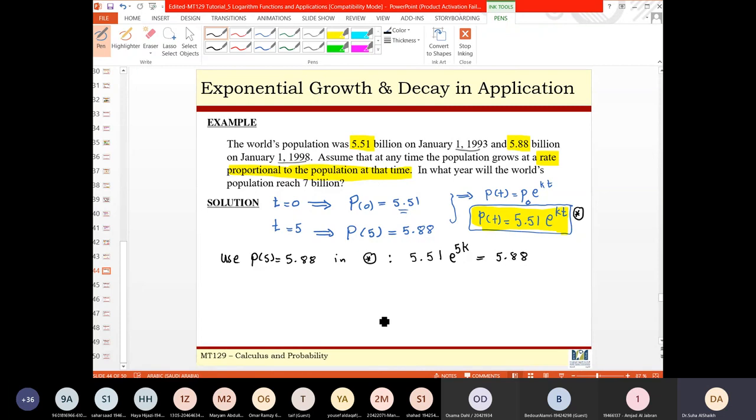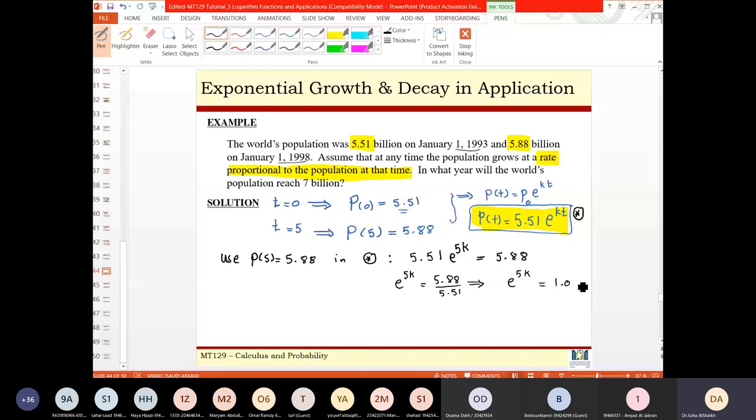Okay. Let me divide both sides by 5.51. I will get exponential of 5k equal to 5.88 divided by 5.51. How much is that? Use the calculator please. اقسموا لي الamount هذا. We will use ln. Yeah, excellent يا امان. We will use ln طبعا. But divide this amount for me.